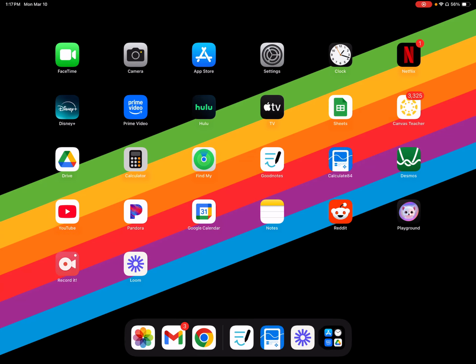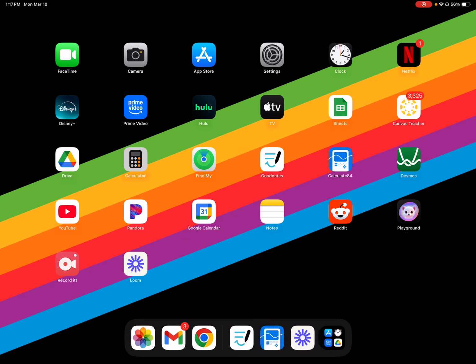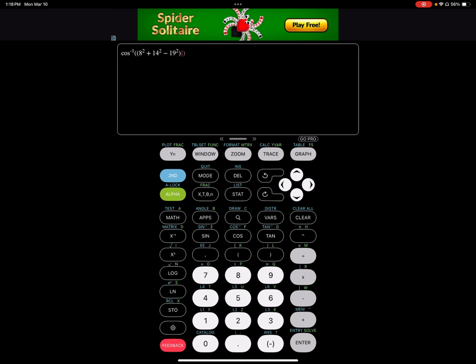Let me just verify that that's correct. Yeah. Over 2 times 8 times 14. So divided by, and I want to put the denominator in its own set of parentheses as well. So 2 times 8 times 14. All right, that should do it. And we're getting about, I'm going to round this to the nearest degree, so 117 degrees.